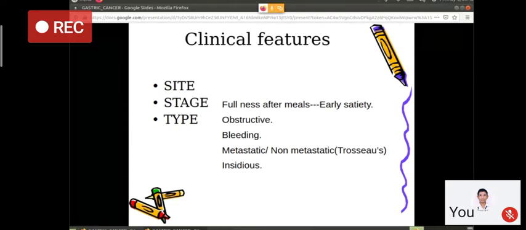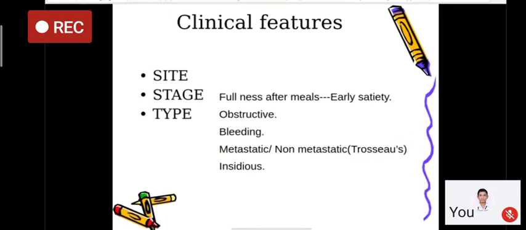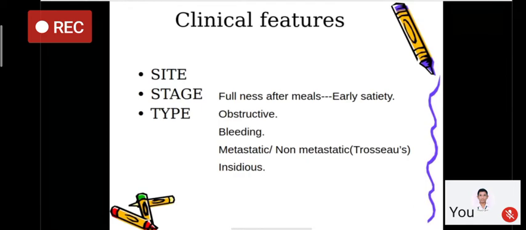If there is an obstruction at the pyloric end, then the person will have vomiting. And if there is metastasis in the liver, it will produce a lump in the abdomen, which can be painful. If there is bleeding inside that lump, it can be painful. So the presentation of stomach malignancy will depend on so many factors.